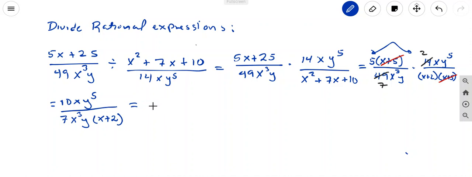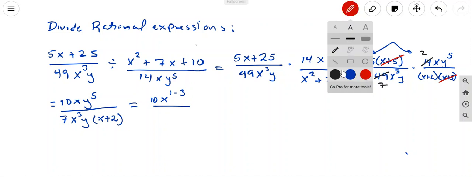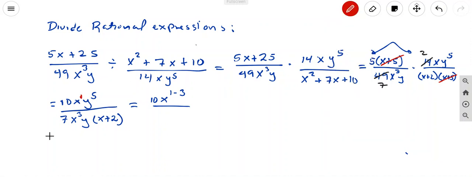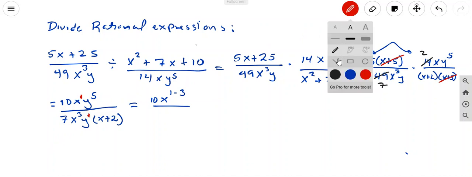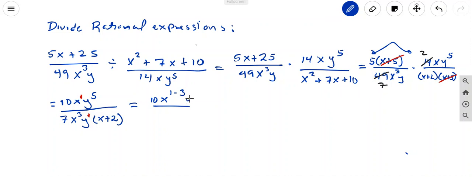So I'm going to say this is 10, x over x to the third is x to the 1 minus 3. Remember that a factor x with no exponent has an invisible exponent 1 as well. This y here has an invisible exponent 1, so we have y to the power of 5 minus 1.